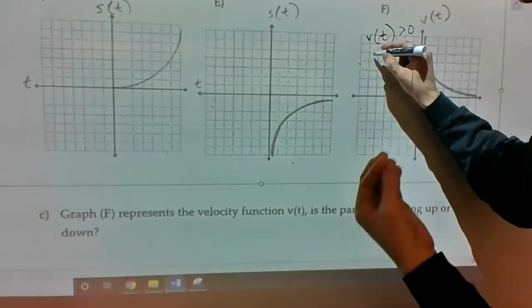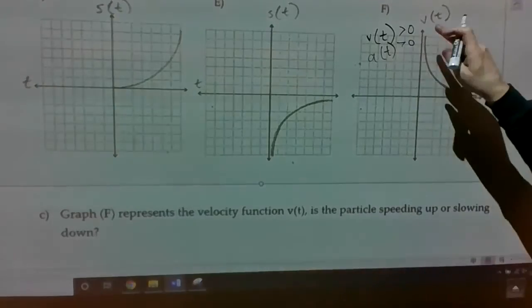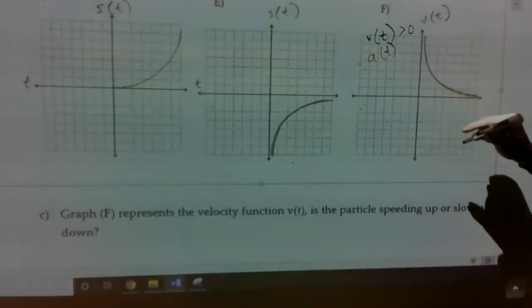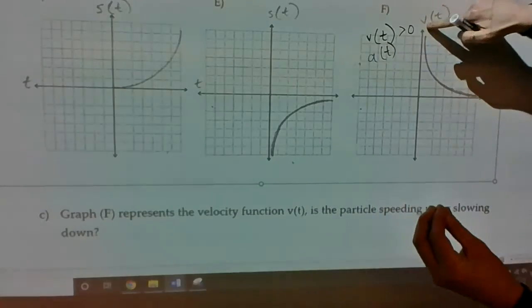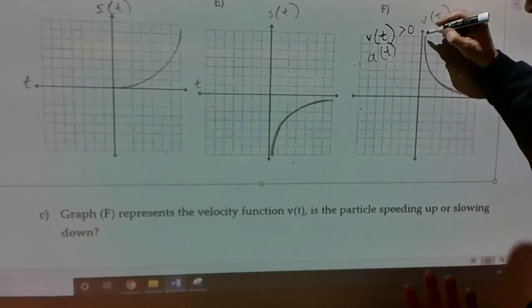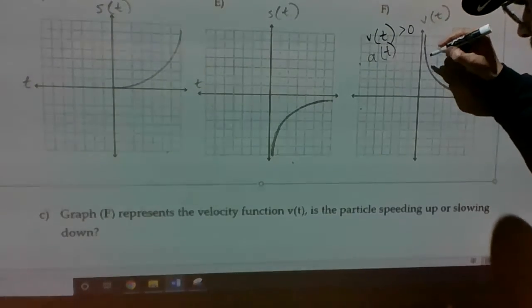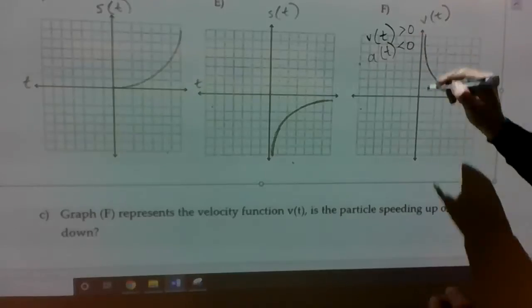Now, what would the acceleration be? Well, the acceleration would be the derivative of the velocity. The slopes of the tangent line to the velocity would inform our acceleration. So slope is down, negative, negative, negative, negative, negative. Our acceleration's always negative.